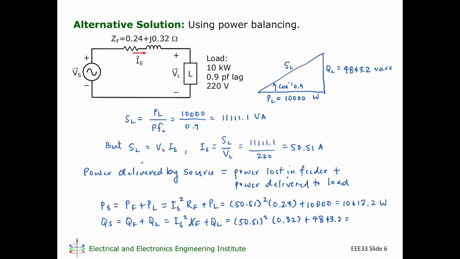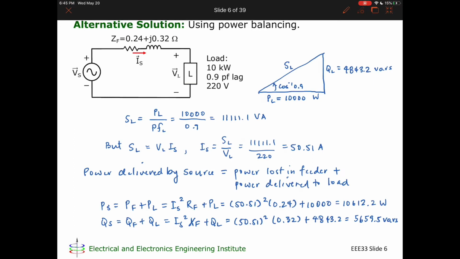And I'm going to get 5659.5 vars. So I've actually already computed P of S and Q of S.